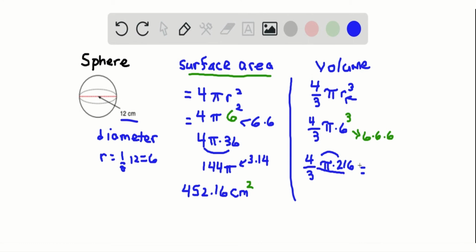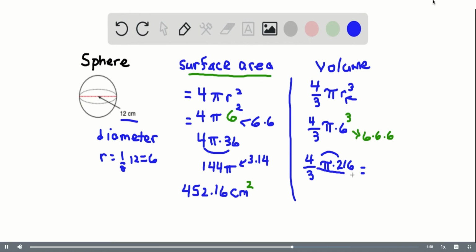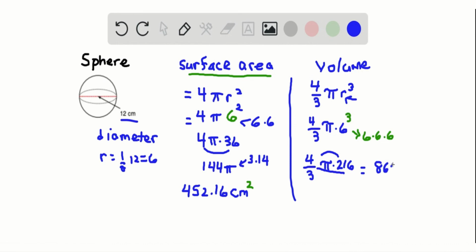So 4 times 216, which would give us 864 pi, and then divide by 3, right? So the 4/3, we multiply by 4, then divide by 3. And those would be pretty much the two last steps.